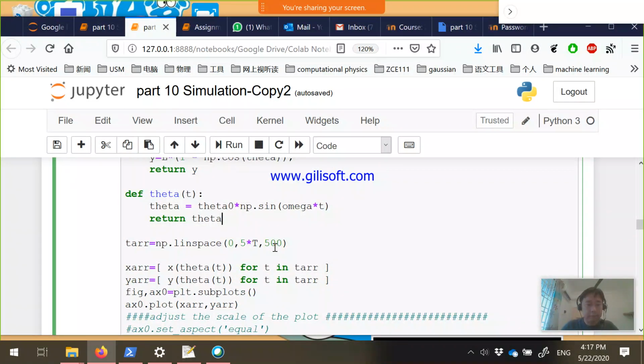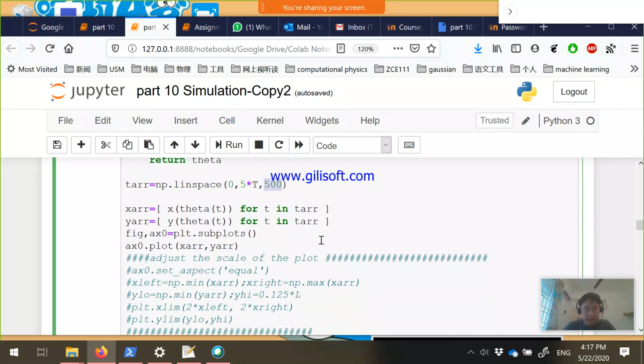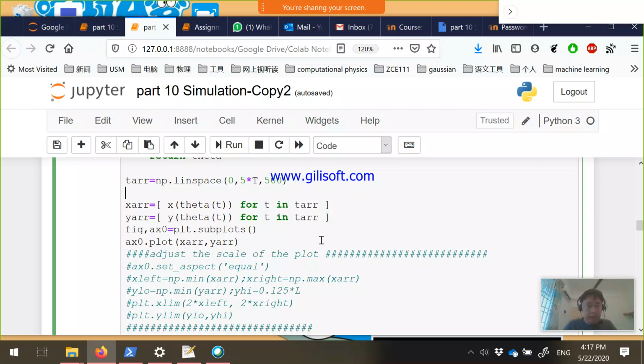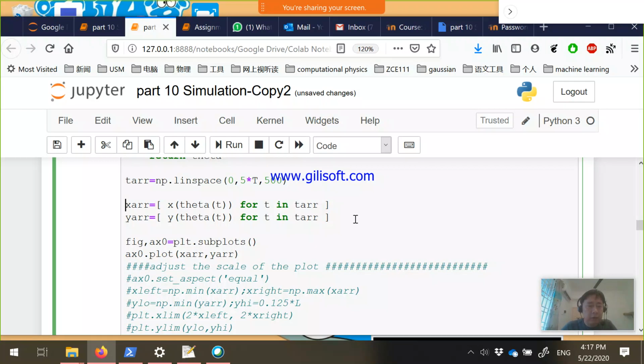Then you have to decide the period of the oscillator, the temporal length over which you want to simulate your pendulum. Let us simulate for 5 periods, with 500 points within these 5 periods. Then you also have to generate the points for x and for y. Here XARR refers to the values of x at theta for t in TARR, and likewise y.